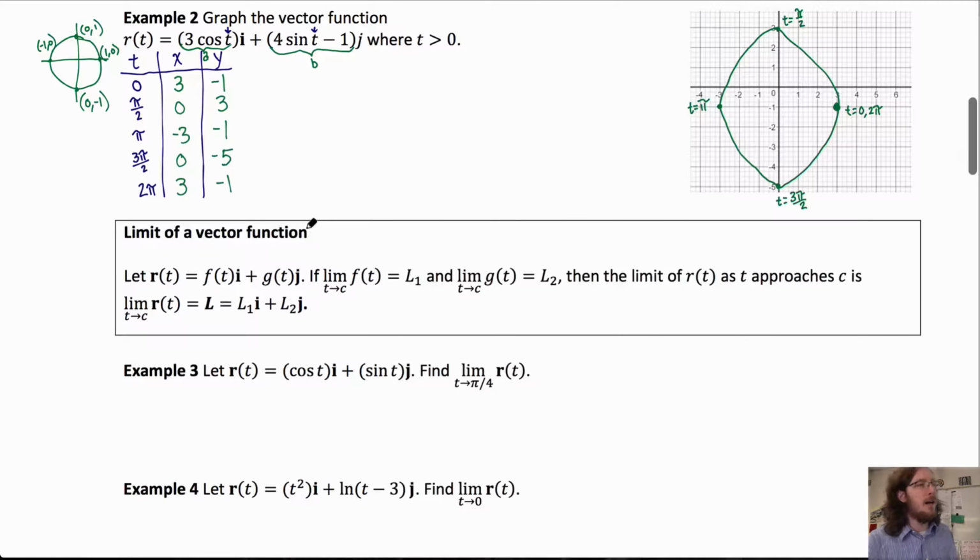All right, so we can find the limit of a vector function if we let r of t equal f of t i plus g of t j.